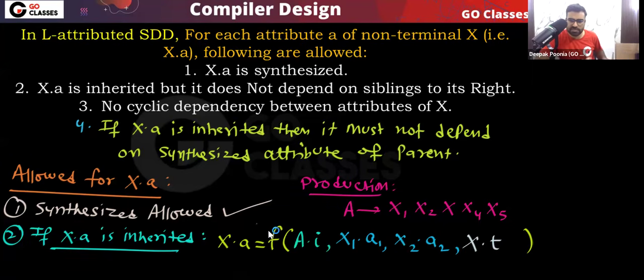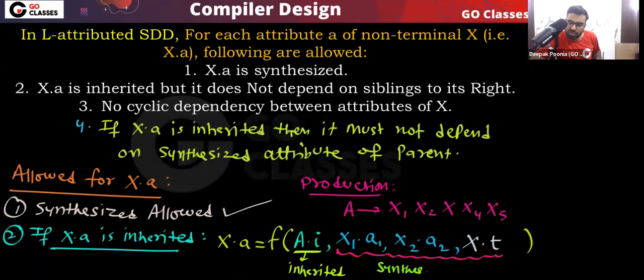So here let me write that this must be inherited, meaning an inherited attribute of the parent. But remember, it can depend on any attribute, synthesized or inherited, of its left siblings, and also its own. These can be synthesized or inherited, and these are perfectly fine. But remember, for the parent, it must be inherited. Meaning you can depend on an inherited attribute of the parent.